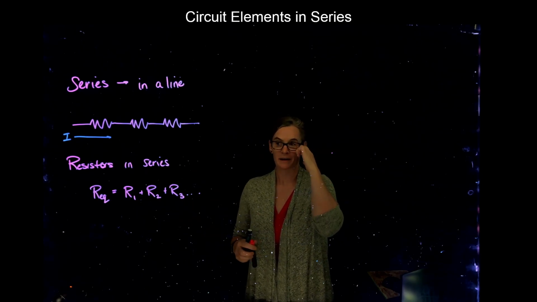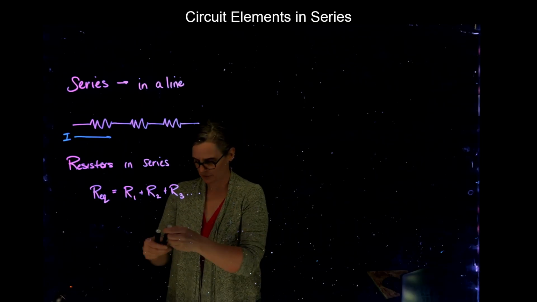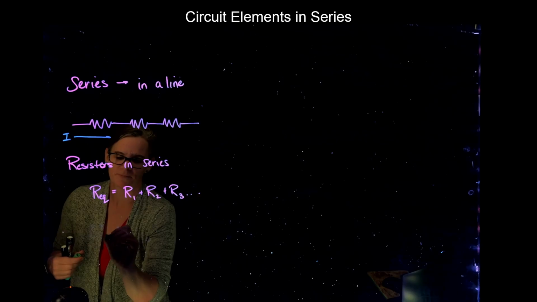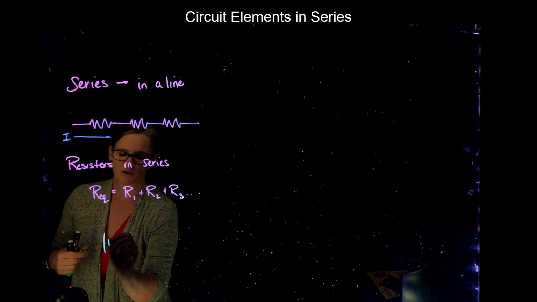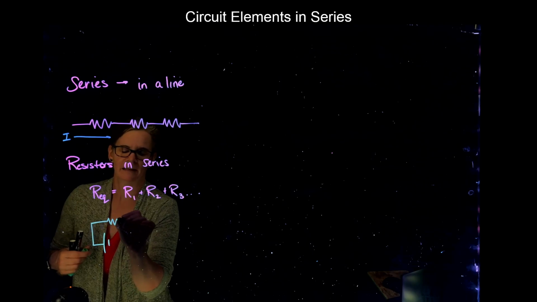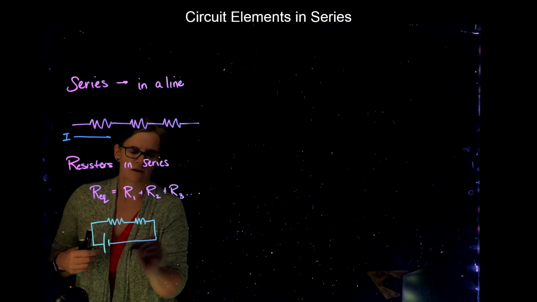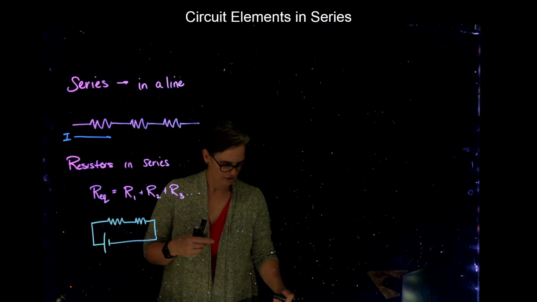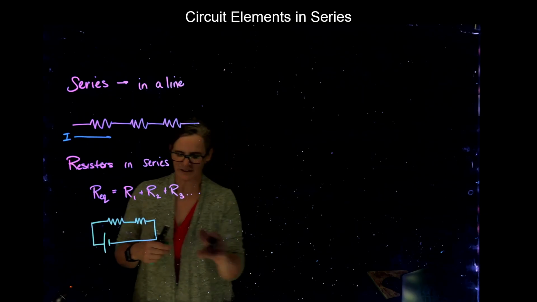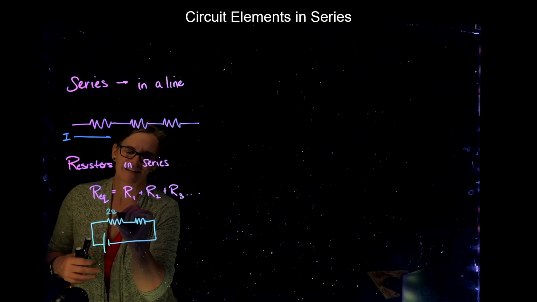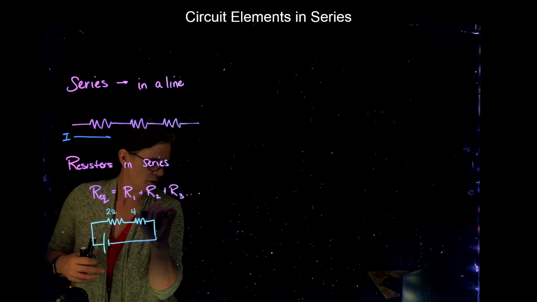So for example, if we were going to have a circuit, remember we need all the parts to that circuit. Here I have my voltage source, and I have two resistors in a line, where let's say this resistor is 2 ohms and this resistor is 4 ohms.